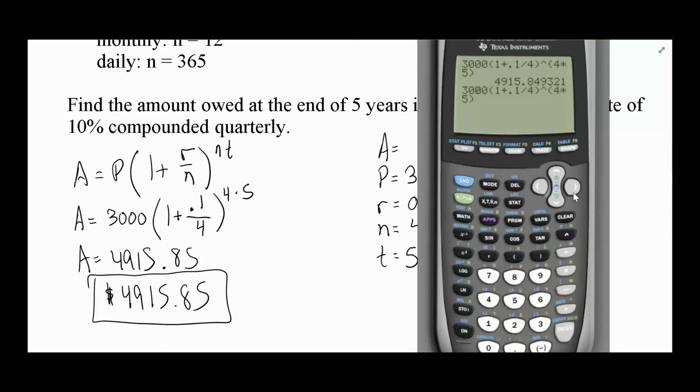Without those parentheses, I'm hoping that we would catch our error. If you forgot those parentheses, that's when you get a ridiculous answer. We had a $3,000 loan that we need to pay back $16,000 on. That's ridiculous, so hopefully you would catch that and say, whoa, that's wrong. So catch our errors, and think about whether our answers make sense.